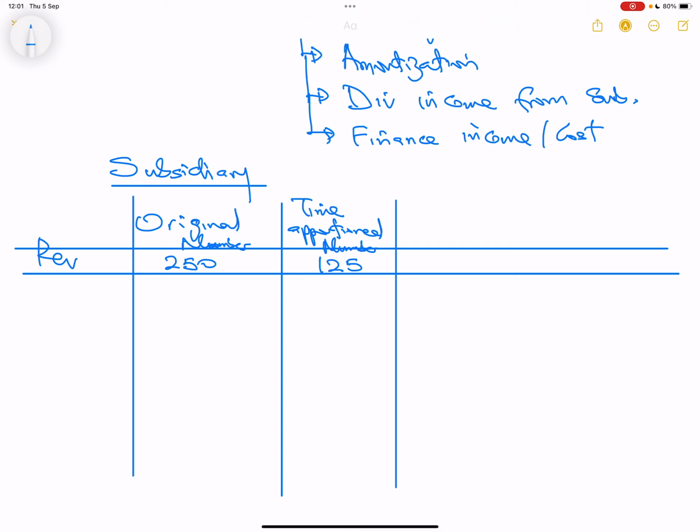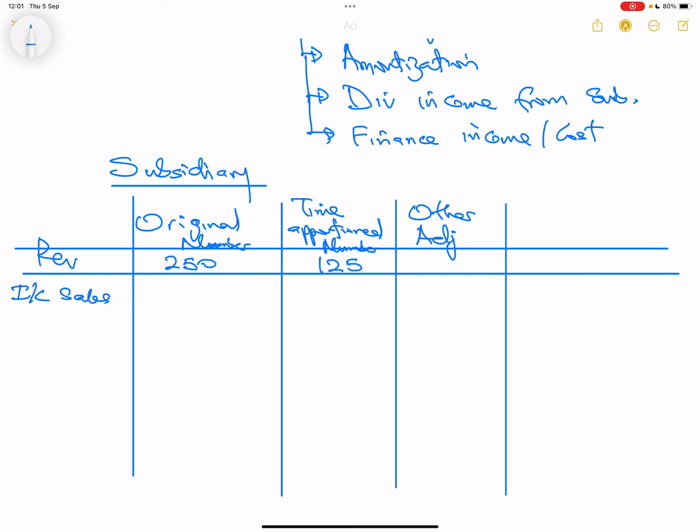When you have done time apportionment, then you now have the other adjustment column. So let's assume that for this subsidiary revenue, there are a couple of things. Maybe there's intercompany sales. Then we need to start with the adjustment, which will be intercompany sales.